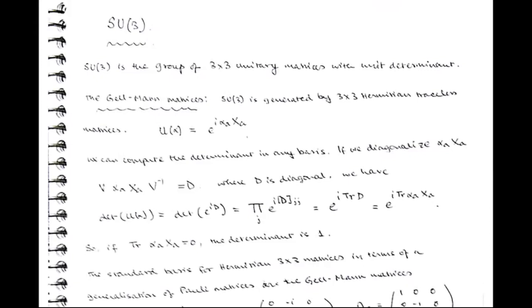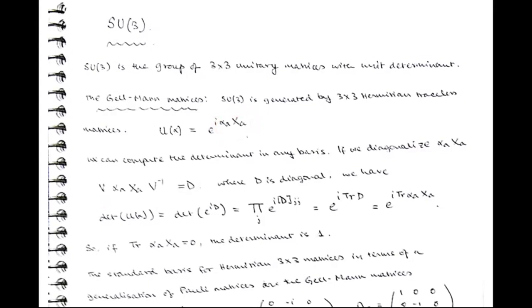if you start off with this, then you can compute the determinant in any basis. In particular, if you want to diagonalize this alpha a x a, then let's do that. Then what we have is that diagonalizing matrix v inverse.